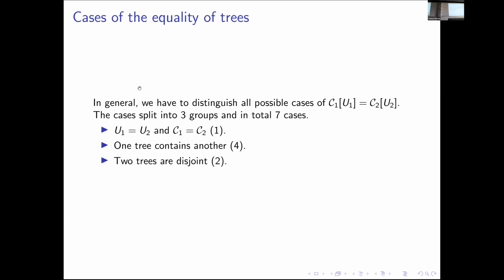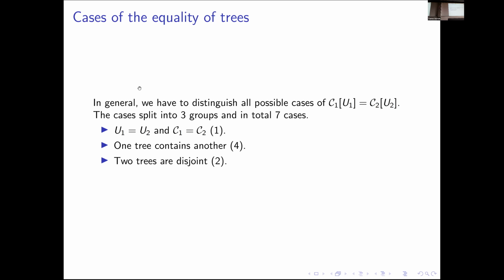The first group is when U1 is equal to U2, and then the contexts are also equal. The second group is when one tree contains another, which means that U1 can contain U2 or U2 contains U1. There are 4 cases, because U1 can contain U2 in its left or right subtree, and also vice versa when U2 contains U1.